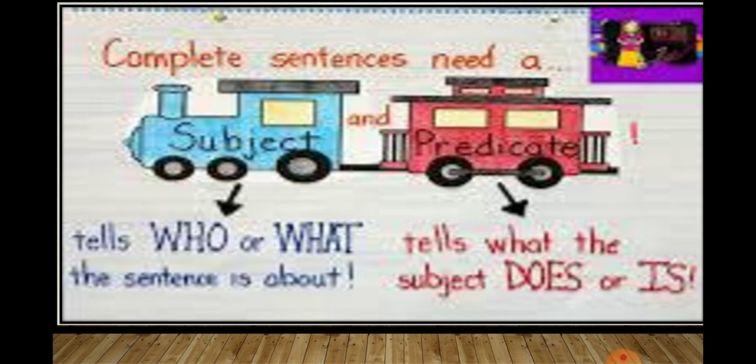So the subject is the doer of the action, and the predicate tells us the action that is done by the subject.